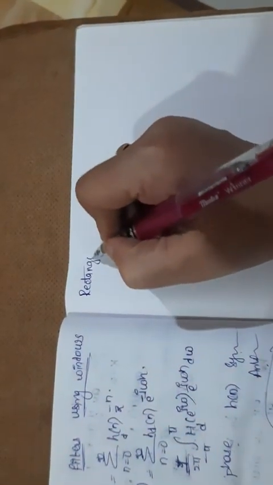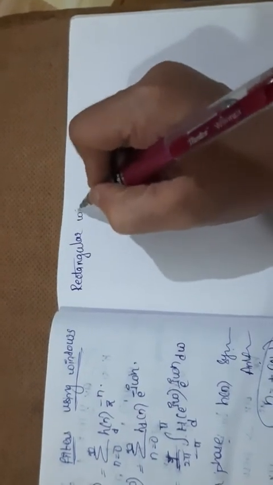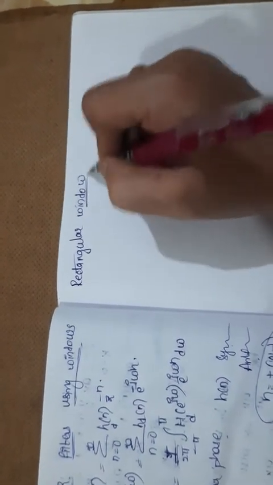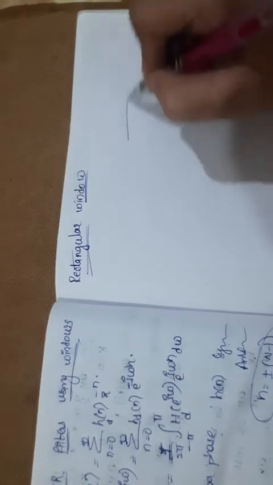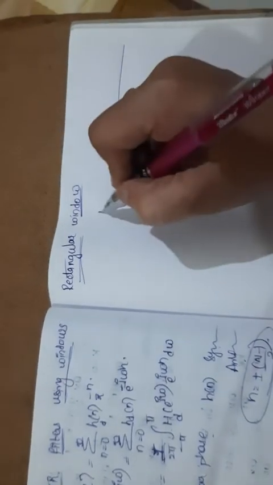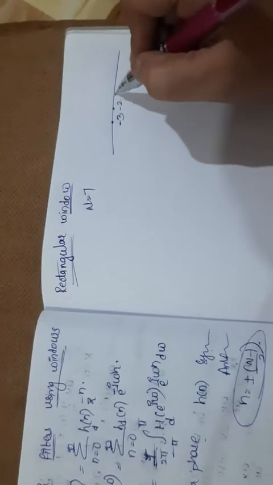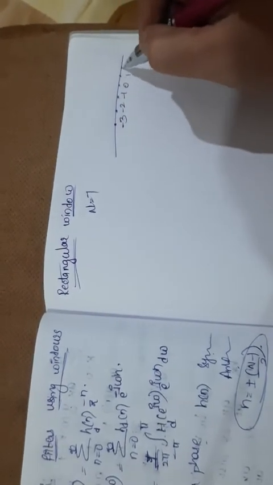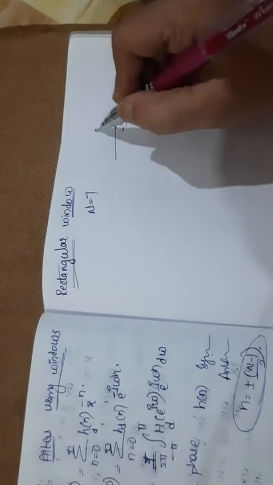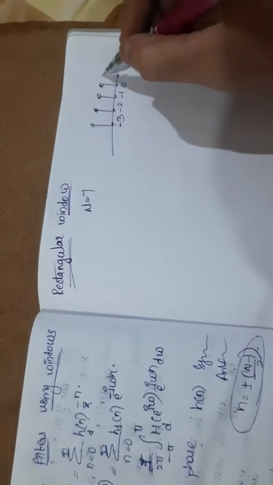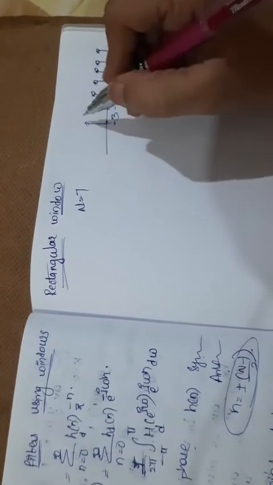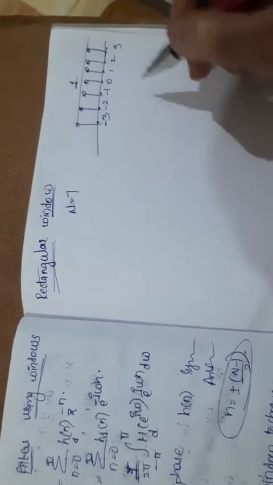Now I am discussing the rectangular window. The name itself says the shape of the window is rectangular. If I consider capital N as 7, the indices are minus 3, minus 2, minus 1, 0, plus 1, plus 2, plus 3, and its magnitude is equal to 1.